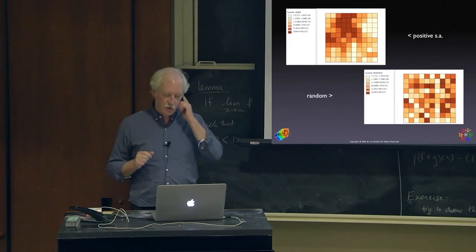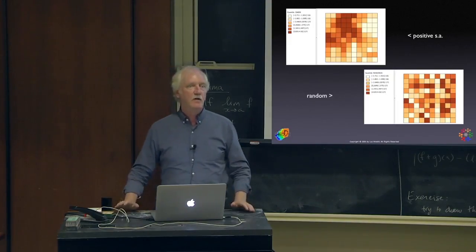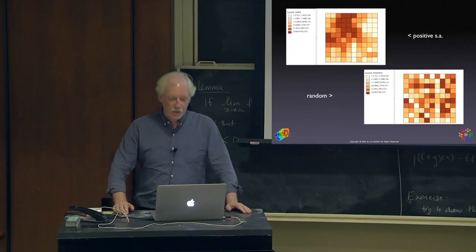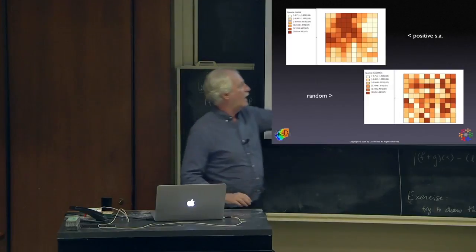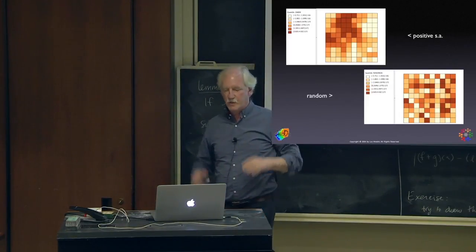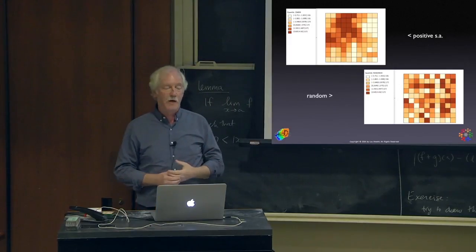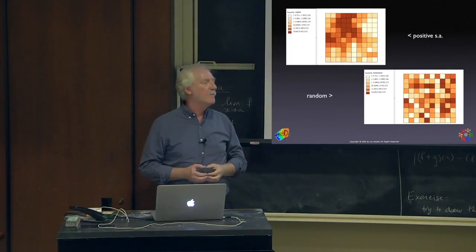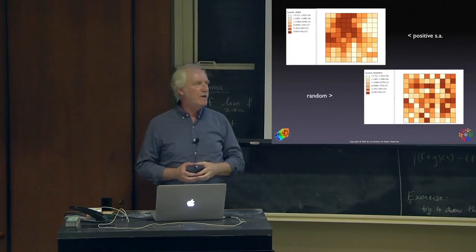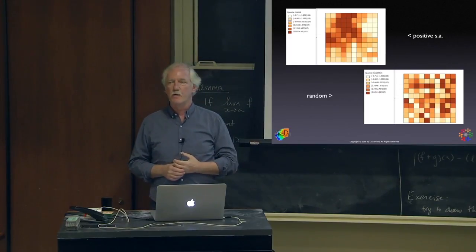So the whole point of tests for spatial autocorrelation is to quantify this, is to say how likely is it that this pattern on the top here, which I made to be positively spatially autocorrelated, how likely is such a pattern to occur in a spatially random world? Okay.